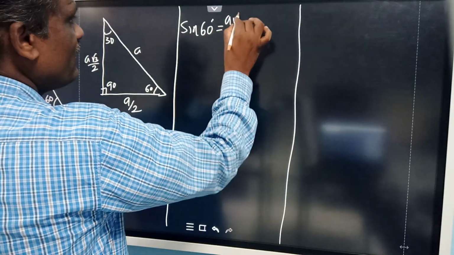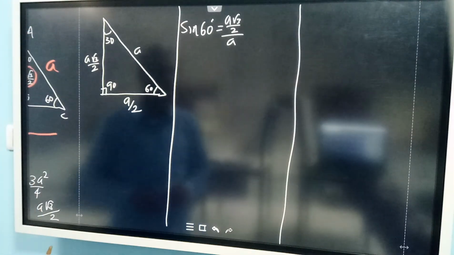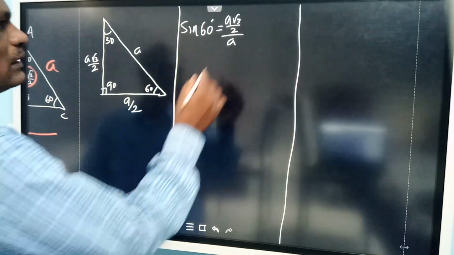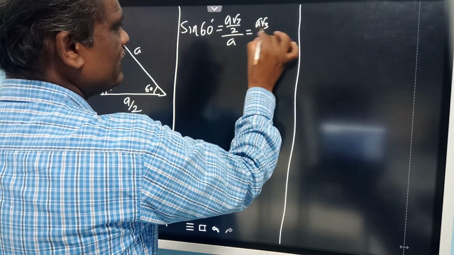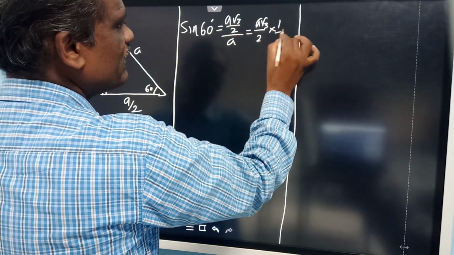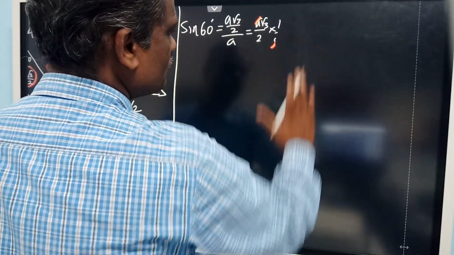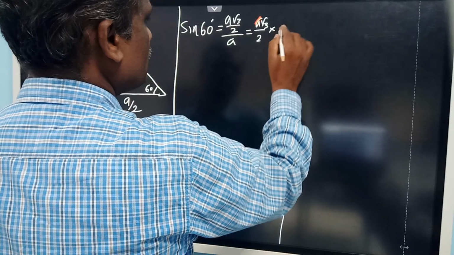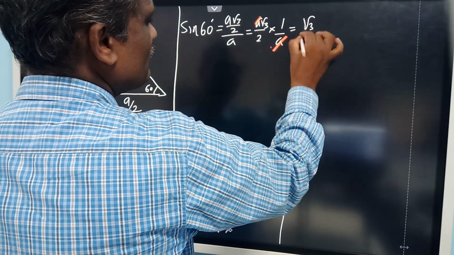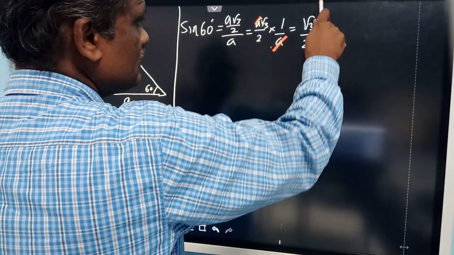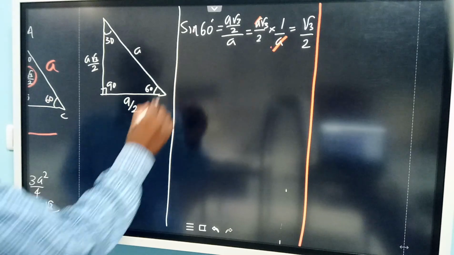Opposite side A root 3 by 2 by A. So you can simplify this: A root 3 by 2 into 1 by A. A cancels, you will get root 3 by 2. So sin 60 degree is equal to root 3 by 2.